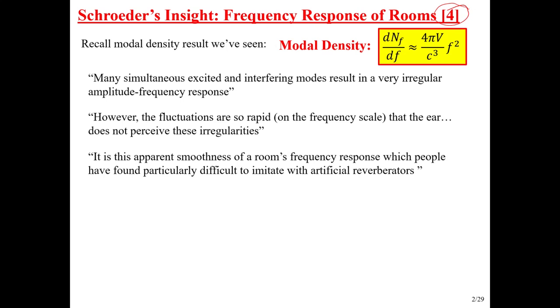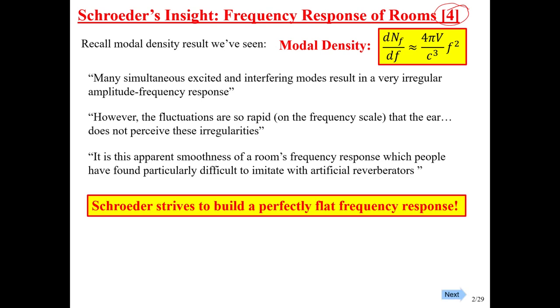This dichotomy, the idea that there are all these closely spaced irregular modes and fluctuations, together with the fact that we don't really hear them, is what has made it hard for people to simulate a real room reverb and make it sound realistic.